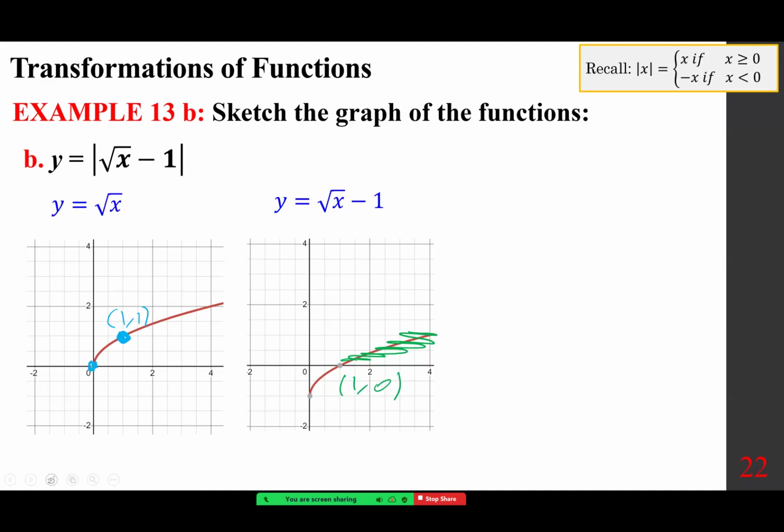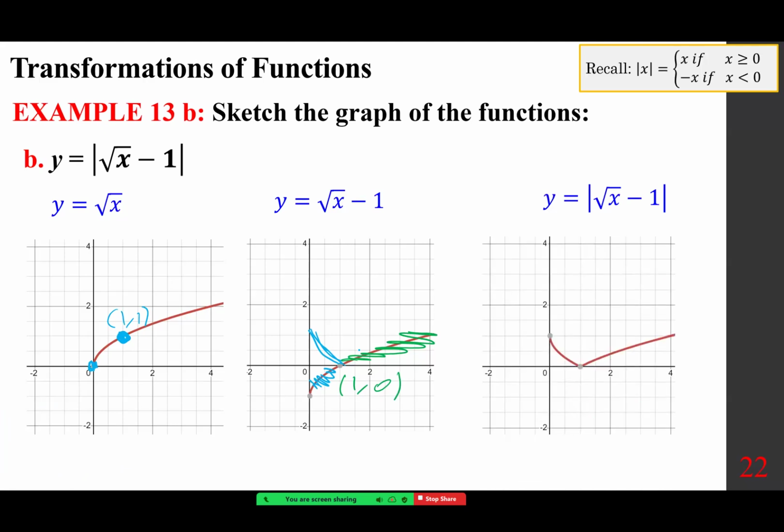But this is the portion which is below the x-axis. Let me use the blue one. This one is below. So it has to flip over. It looks something like this. So for absolute value of square root of x minus 1, it should look something like this.